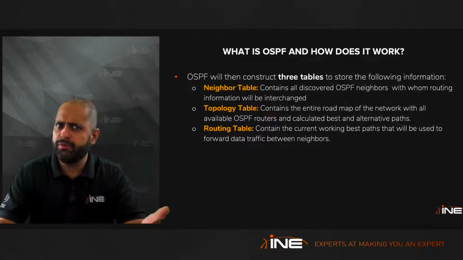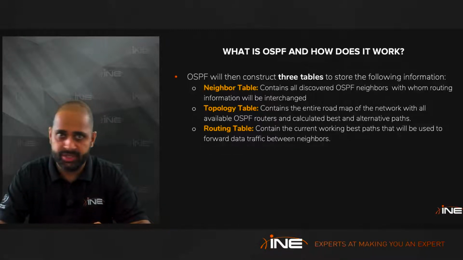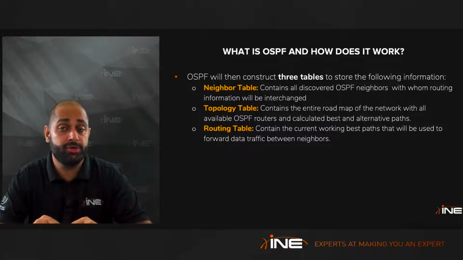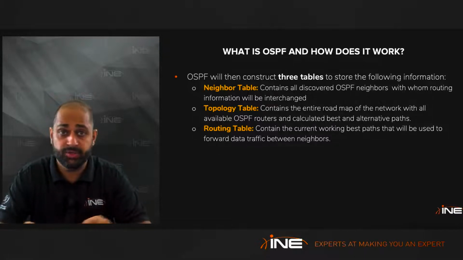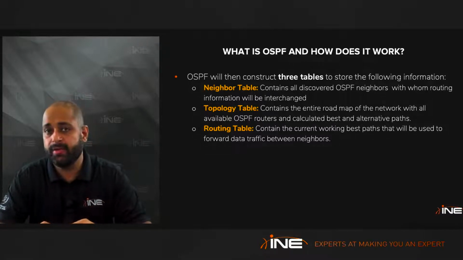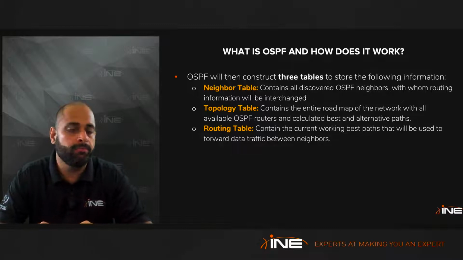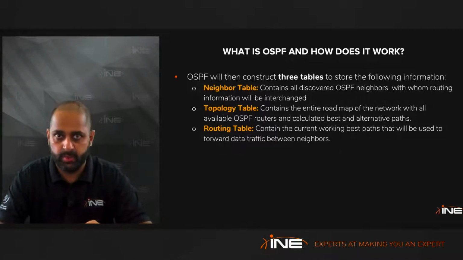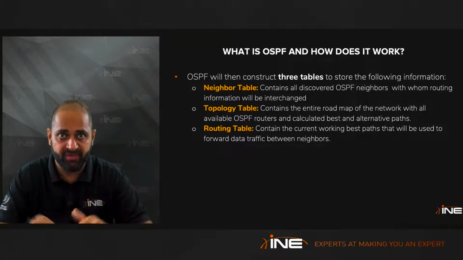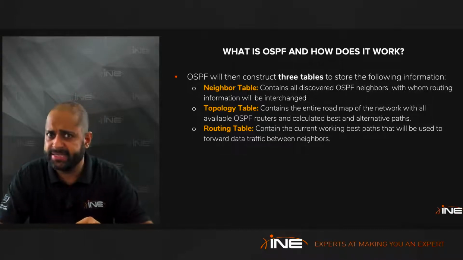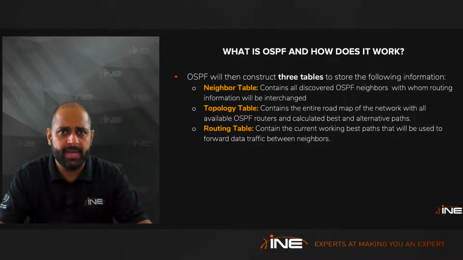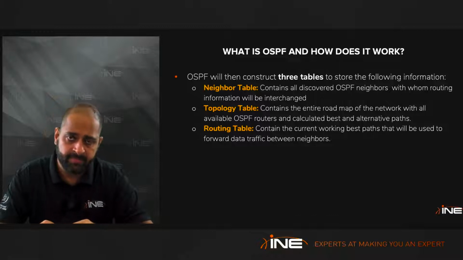To view the database, you can give the command show ip ospf database, or a specific command like show ip ospf database router, network or summary LSA with a specific network that you are looking for. And then finally, we have the routing table, which basically contains the best path.